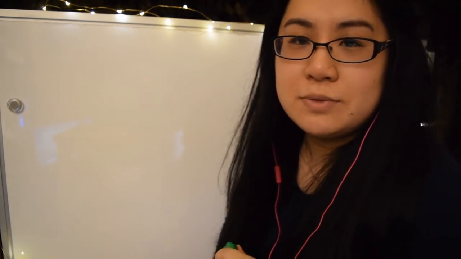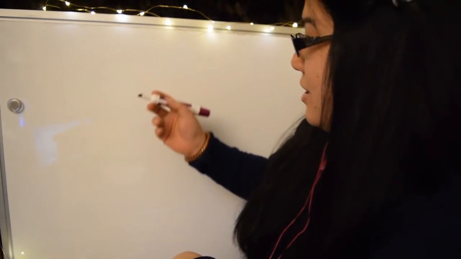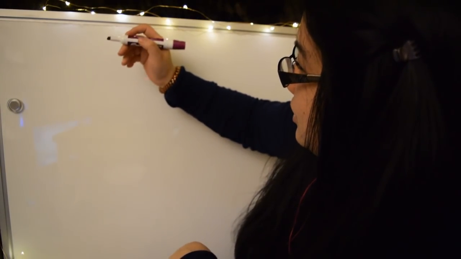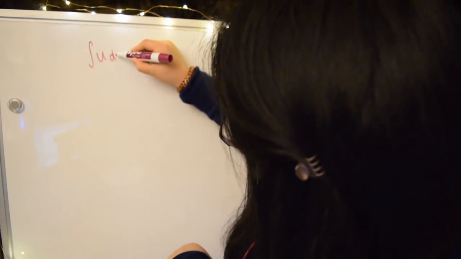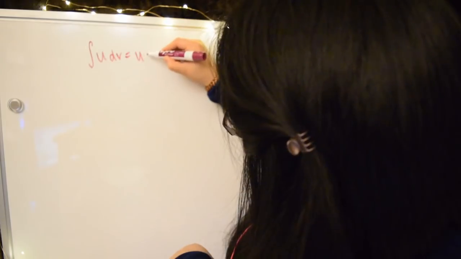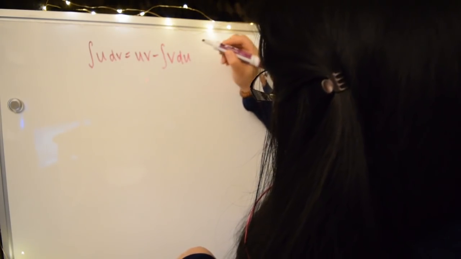So integration by parts, there is a main formula to know. Take your time memorizing it, but we will go into it a little bit today and maybe build some intuition. And if you want to work through specific problems, I'd be happy to do that in the future. So the general equation is the integral of u dv equals uv minus the integral of v du.